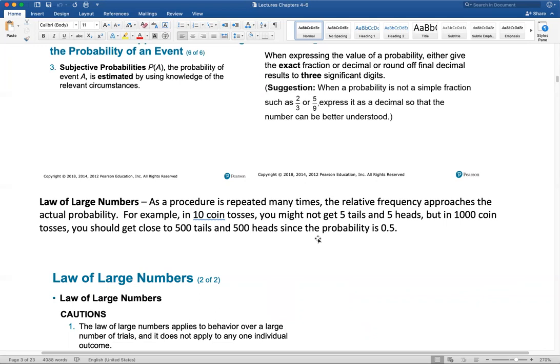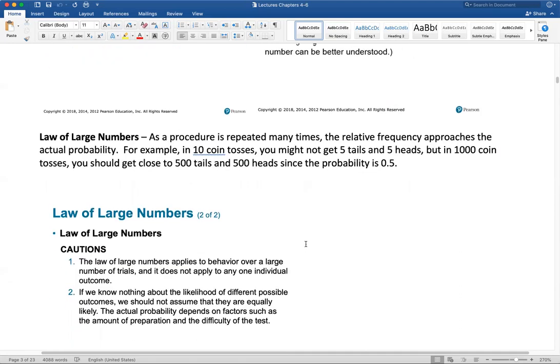But if you increase the number of experiments, then you should get close to five tails and five heads. So the probability obtained by the relative frequency approach approaches the probability obtained by classical probability. That's the law of large numbers.